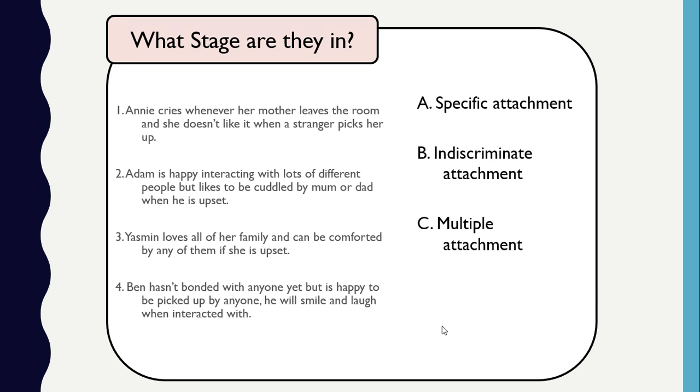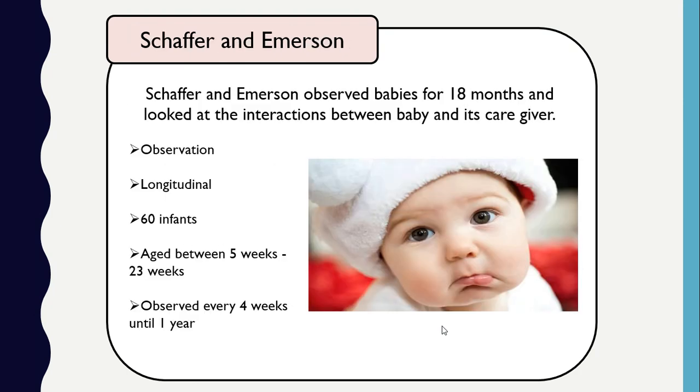Yasmin has multiple attachments. And Ben is either asocial or indiscriminate. So it's a fairly common exam question if you're asked about children and the behaviour they demonstrate. This is a theme throughout attachment. There's Ainsworth's theory on the strange situation, where they tend to give you a case study of a child and then ask you how that child would behave.